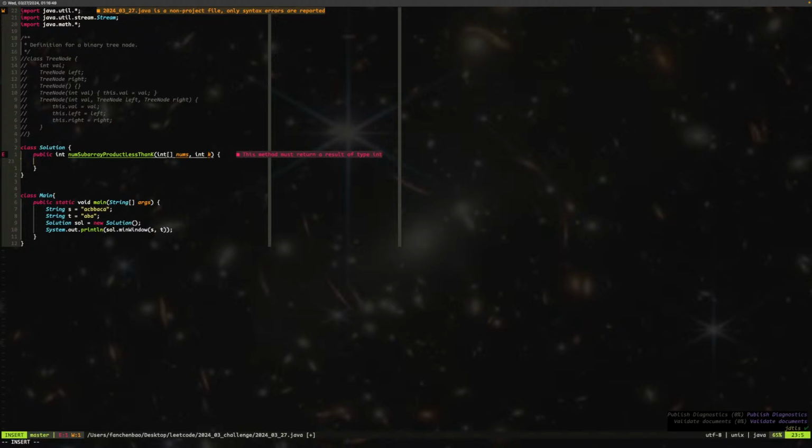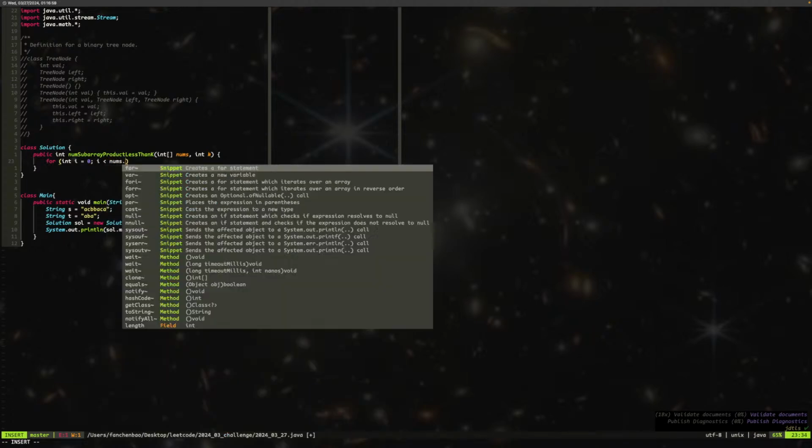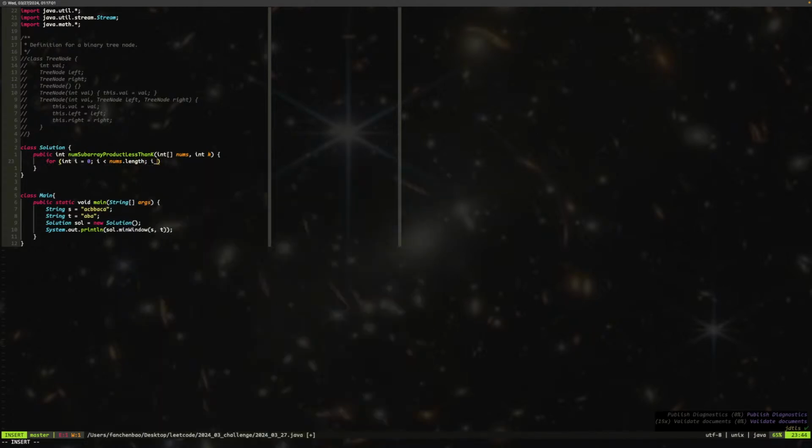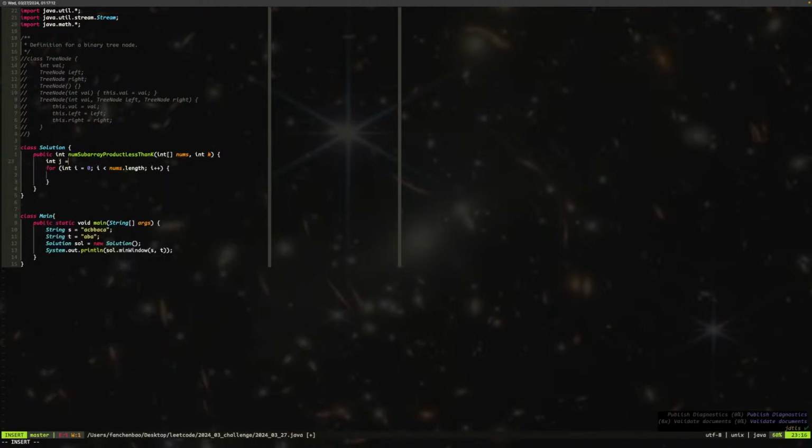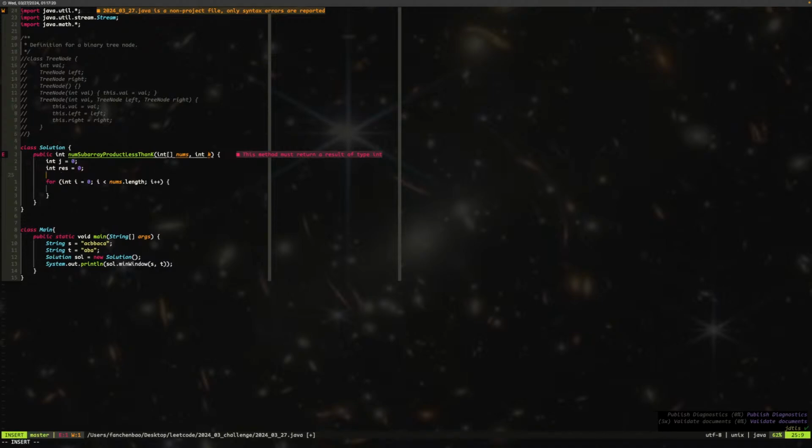All right, 2 pointers. So one of them will keep moving forward, right? So I can say for int i is 0, i smaller than nums.length, i++. Doesn't really matter. All right, and then int j is equal to 0. Okay, and int rest equal to 0, and int current equal to 1. Right.